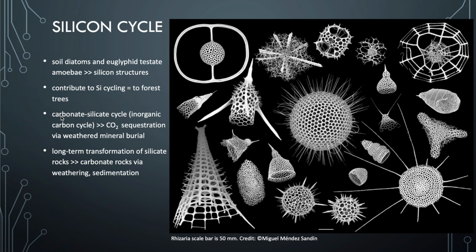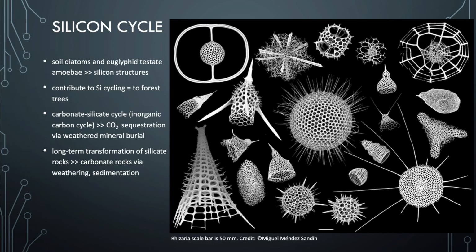And the carbonate silicate cycle is part of the inorganic carbon cycle, which influences carbon dioxide sequestration via weathered mineral burial. And this you can look up for yourself because it's quite a complex process, but it actually leads to long-term transformation of silicate rocks into carbonate rocks via weathering and sedimentation.